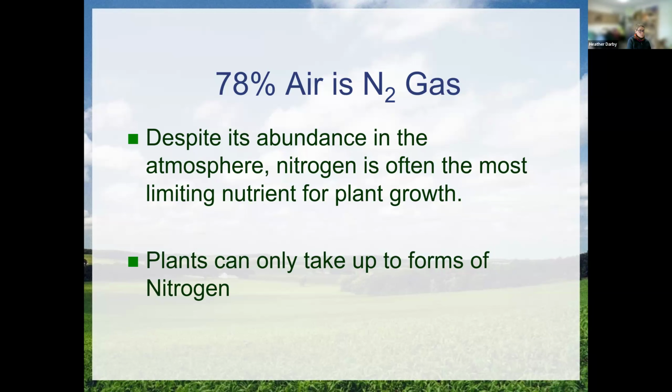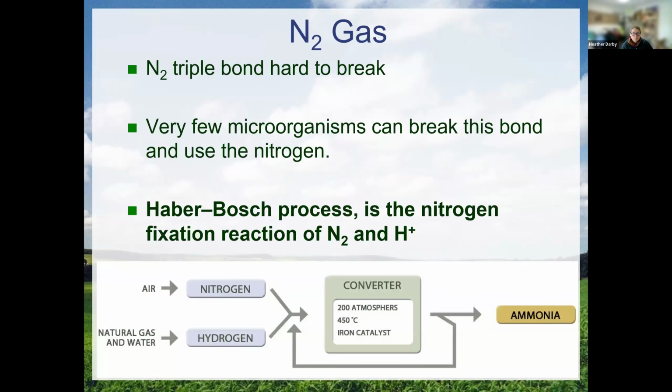Remember, last week we talked about the two forms of nitrogen that plants can take up, and N2 gas was not one of them, right? It was NO3 minus nitrates and NH4 plus ammonium. That's it. And so how do we get that N2 gas out of the air and make that available to our crops?